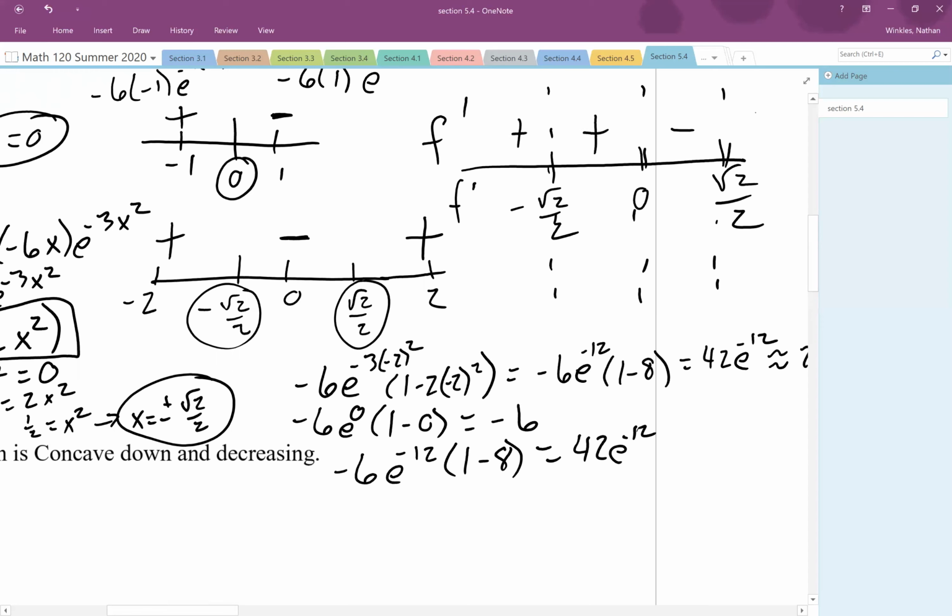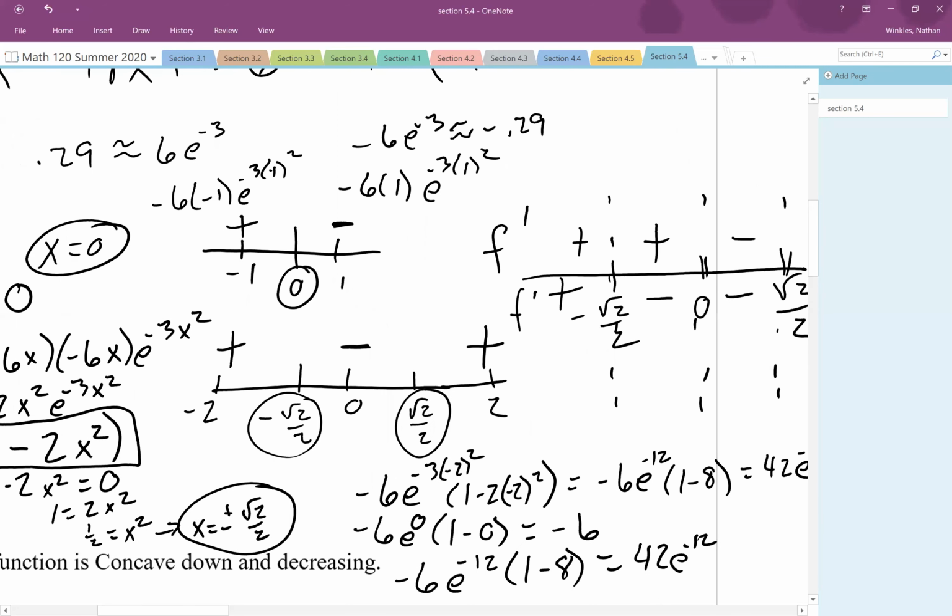Everything to the right of 0 is negative. For our second derivative, everything to the left of negative root 2 over 2 is positive. Between negative root 2 over 2 and positive root 2 over 2, we're negative. And to the right, we are positive.